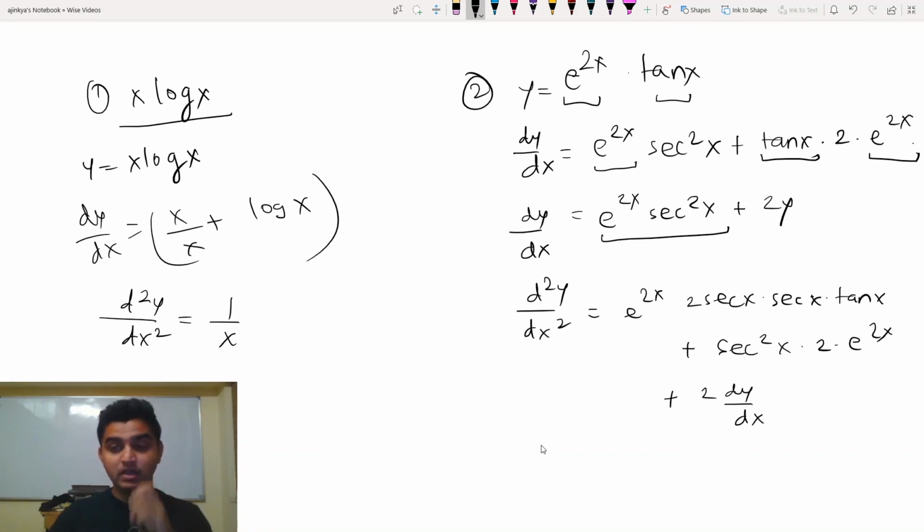Now be careful that dy upon dx, so we know what dy upon dx is, this particular function which is the whole term, so we can again rewrite that same term and we'll find the answer.